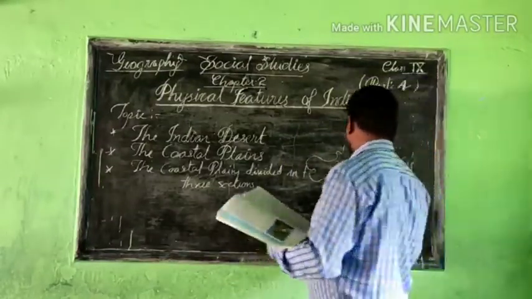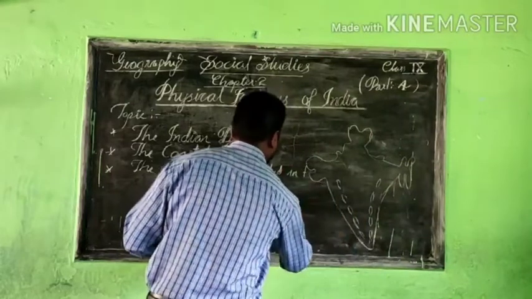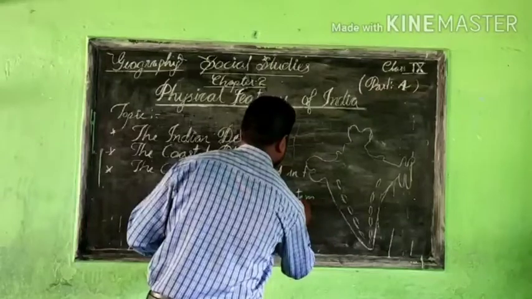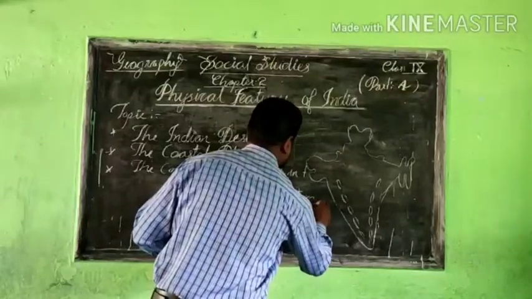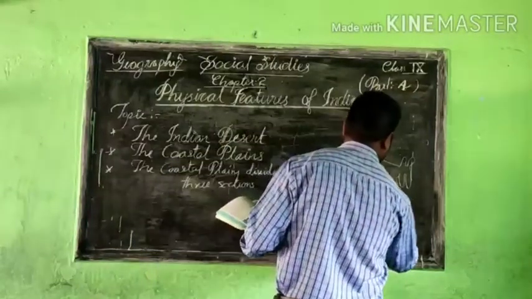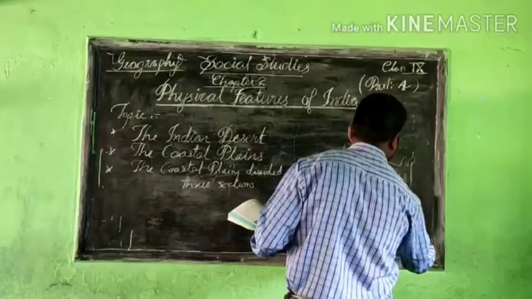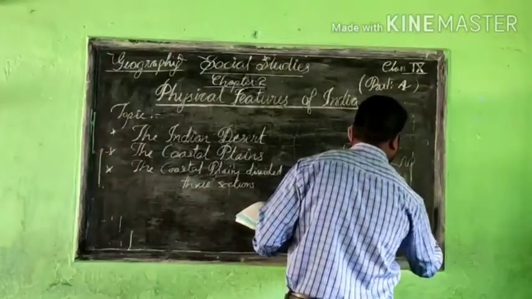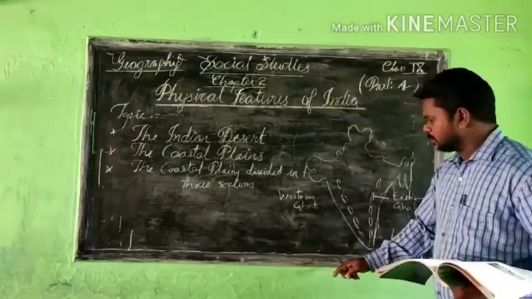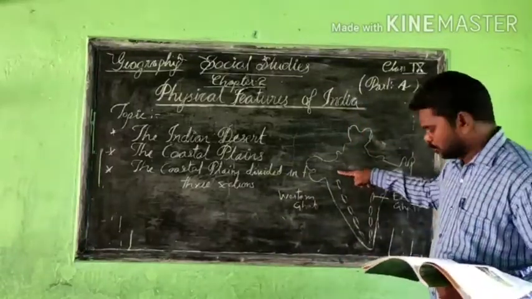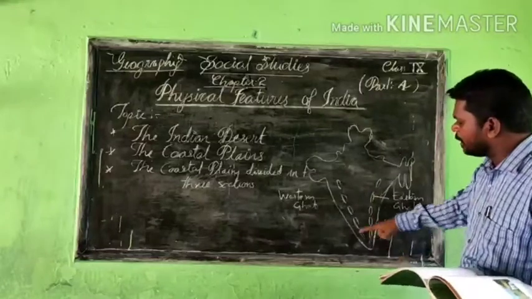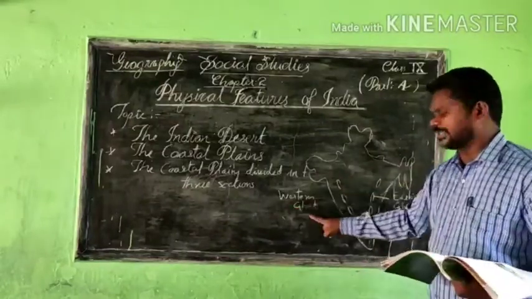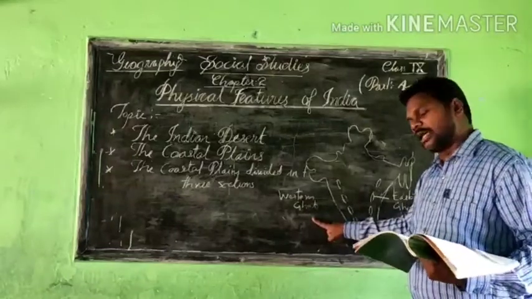This is the Eastern Ghats, Western Ghats. There are mountains from the northern side towards the southern part, just like a chain of plateaus and mountains. This is called Western Ghats. I already explained in the last classes.